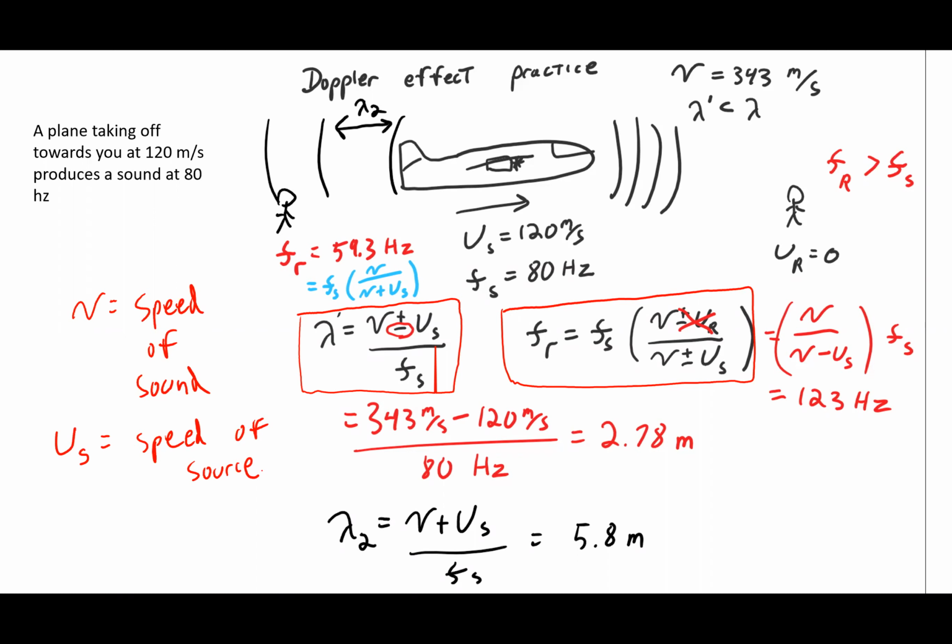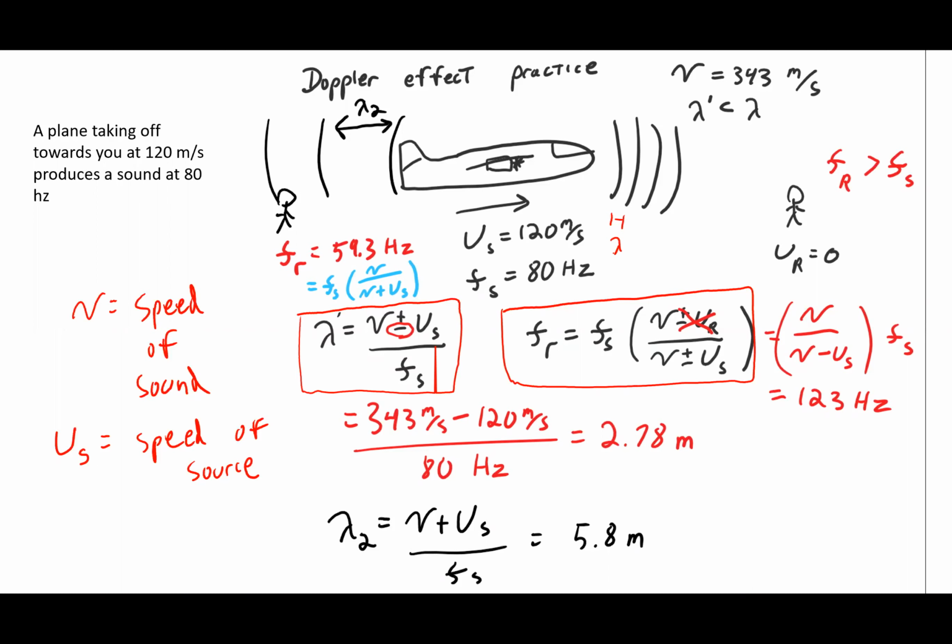Again, it's super important that we figure out some good intuition about when to use the plus or minus in this equation. In terms of the wavelength, the intuition would be that if you're in front of the plane and therefore the plane is moving towards you, the wavelength would be smaller than if the plane was stationary.